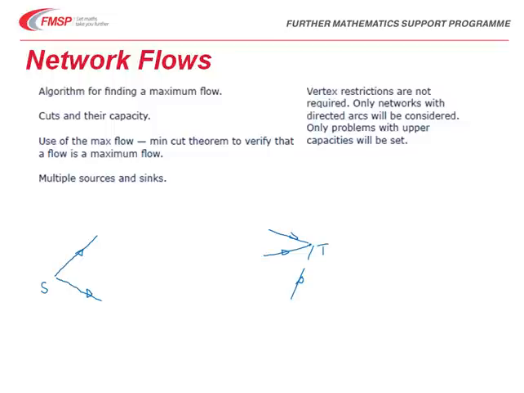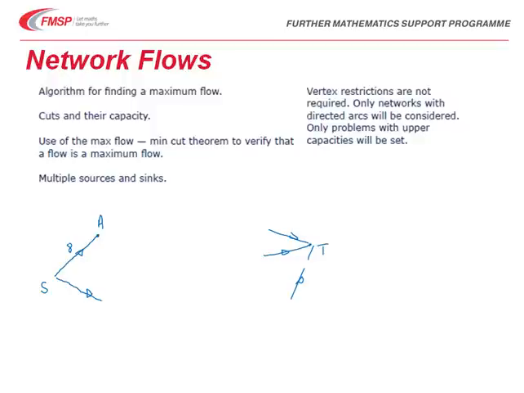So the flow capacities will be indicated on the arcs by some number. So for example, number 8 here would just simply show that the maximum flow through that one, let's say it went from S to A, was equal to 8 units. Now by flow it could literally be a flow of liquid, but it could also be costs, it could be number of pedestrians using pathways, all sorts of different things that could be asked in the context of network flows.